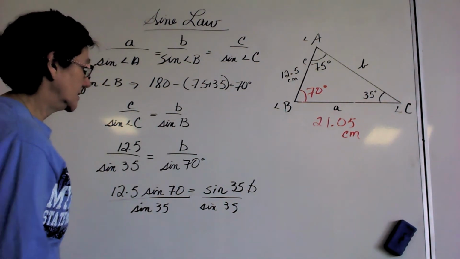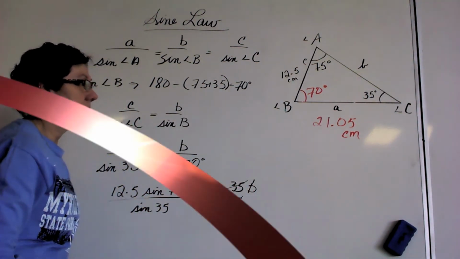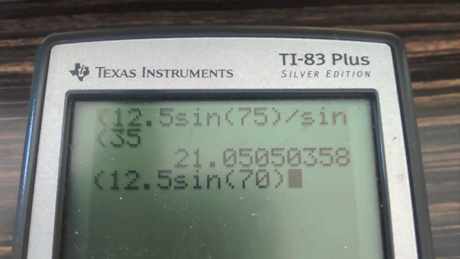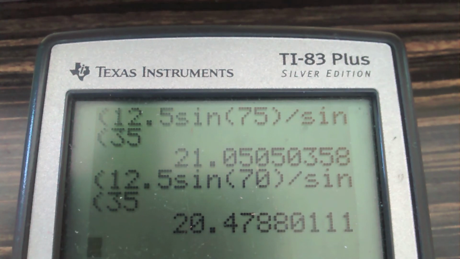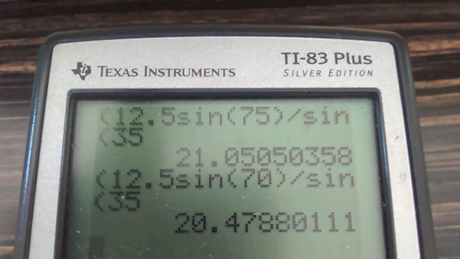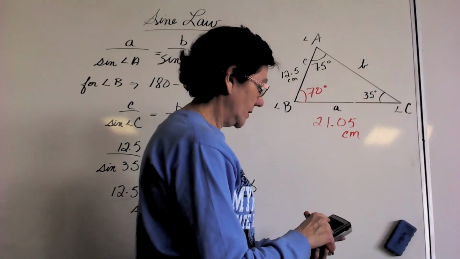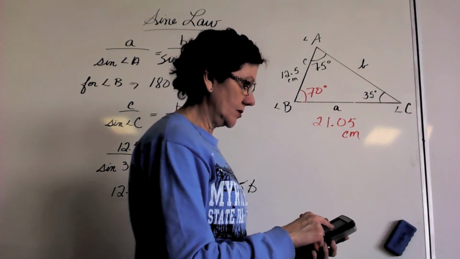And again, let's enter it into our calculator. For side B, again, we have to bracket our numerator. 12.5 sine 70, end bracket, divided by sine 35, enter, and there we have our unrounded side B. Okay, so we get 20.478801111.